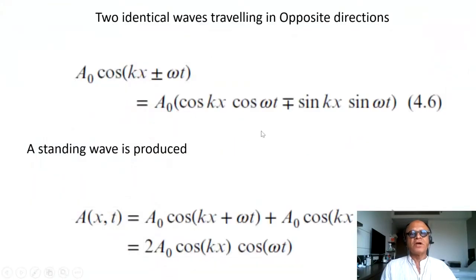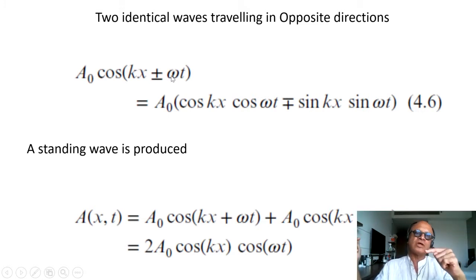Let's move a little bit into more realistic situations. Let's say you have two identical waves traveling in opposite directions. So you can write it as A0 cosine(kx ± ωt).